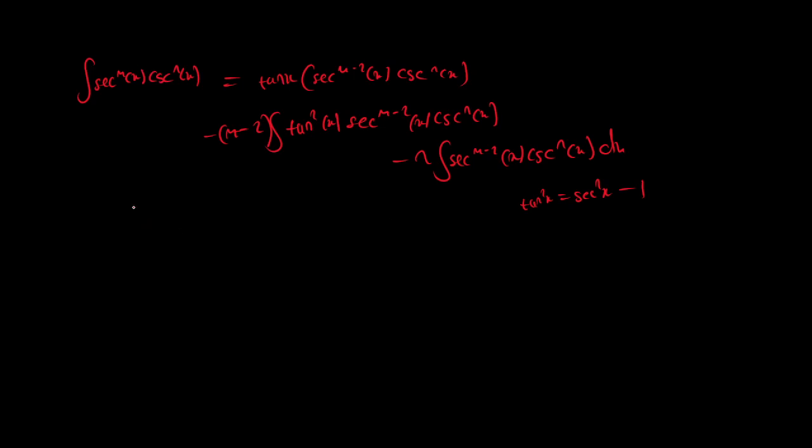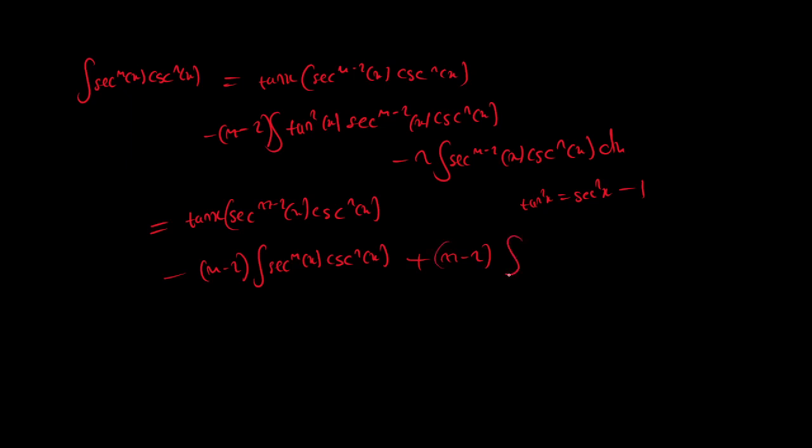What that should give us is that this whole integral equals tan of x times secant to the m minus 2 of x cosecant to the n of x minus m minus 2 times the integral of, see, if you write it as secant squared x minus 1, so you have secant to the m of x cosecant to the n of x, plus m minus 2 times the integral of secant to the m minus 2 of x cosecant to the n of x, plus minus n.